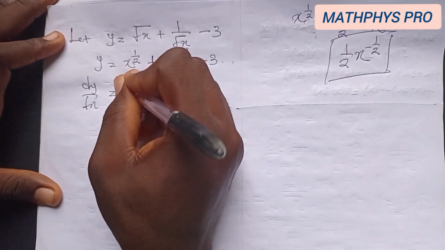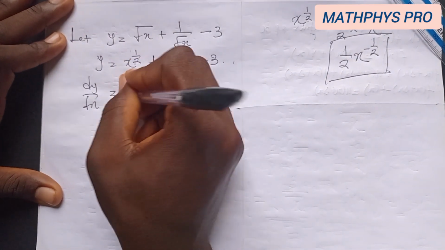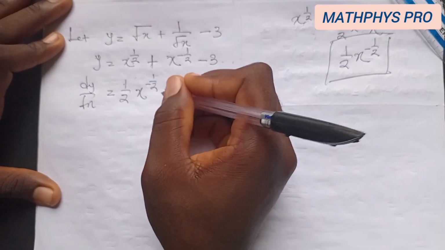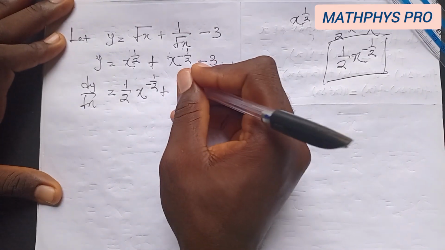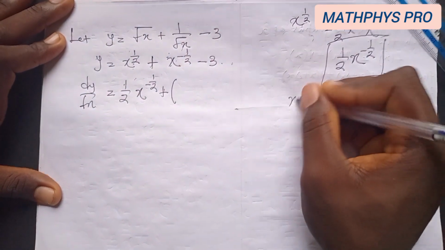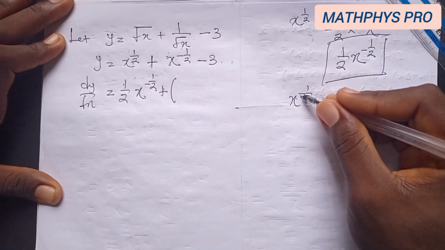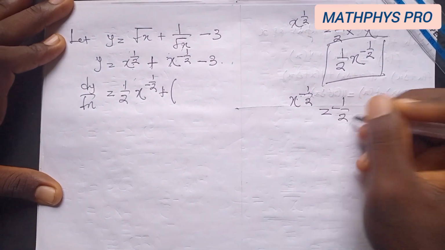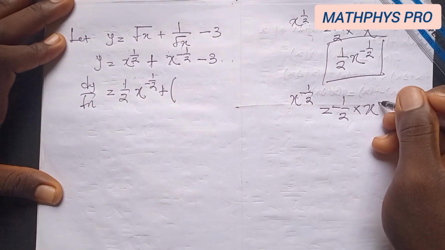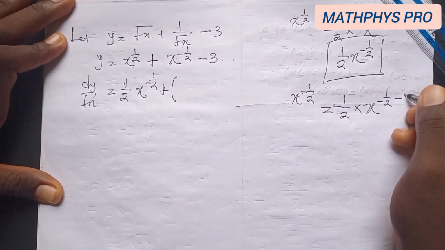So you can substitute here and write 1 over 2 x raised to minus 1 over 2. Now, plus, we have plus here. So if we differentiate x raised to minus 1 over 2, the derivative will be minus 1 over 2 times x raised to minus 1 over 2 minus 1.